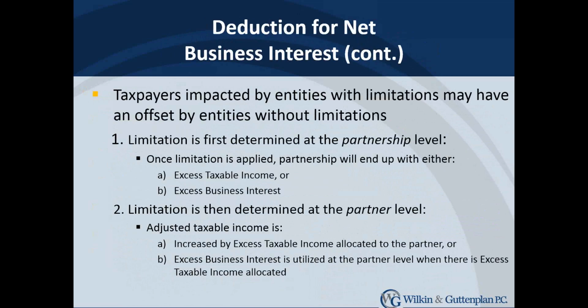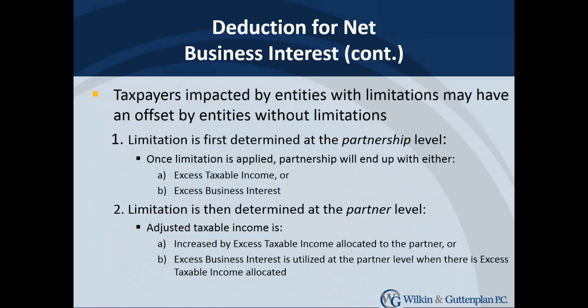In terms of the deduction limitation, it's actually a two-prong limitation. The limitation is first determined at the partnership level. So in my example before, if we determined that the limitation was $30,000 of business interest, but the actual business interest expense was $40,000, we have a $10,000 limitation.